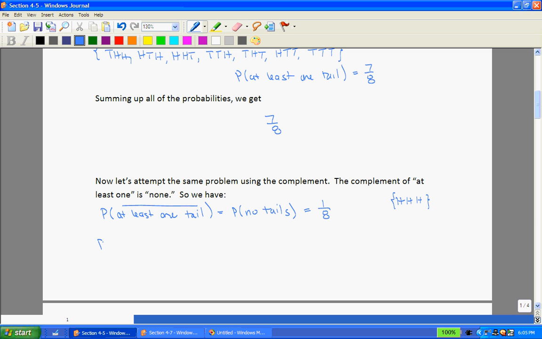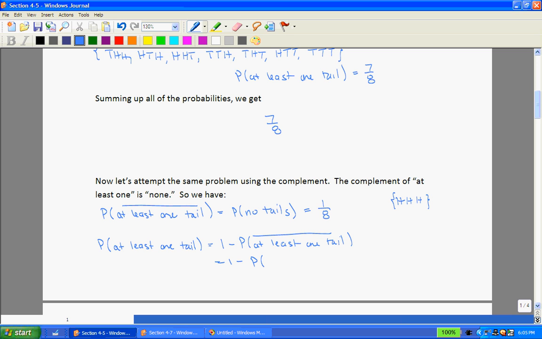But I'm still interested in finding the probability of at least 1 tail. Well, remember we subtract the complement from 1.